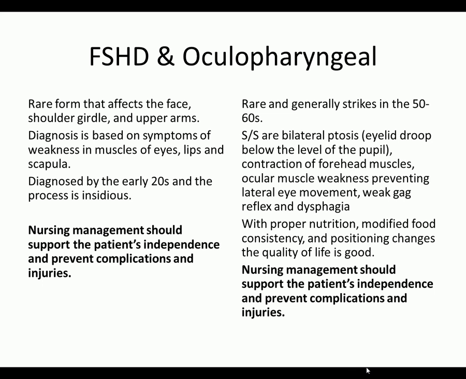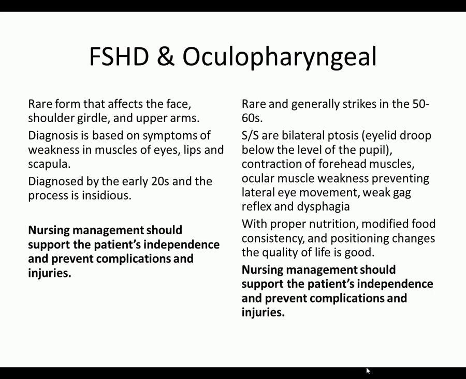These patients can actually live fairly well with this disease process. Doctors may refer them to have an eye lift done to help with the eyelid droop. You may need to teach them how to position themselves, how to position their head, so they can see better.